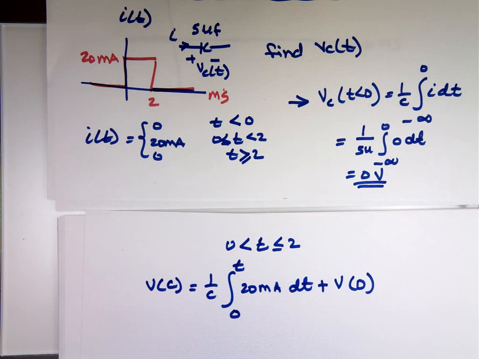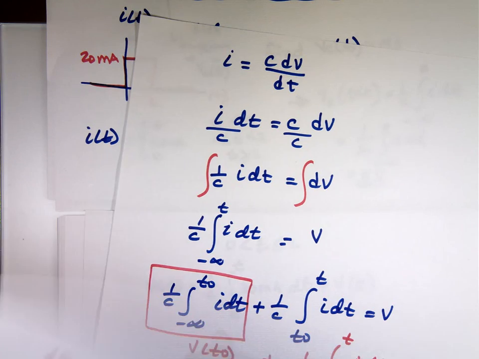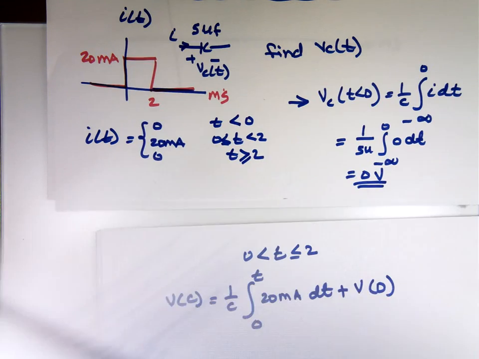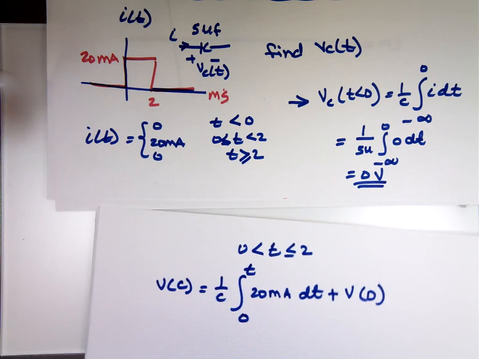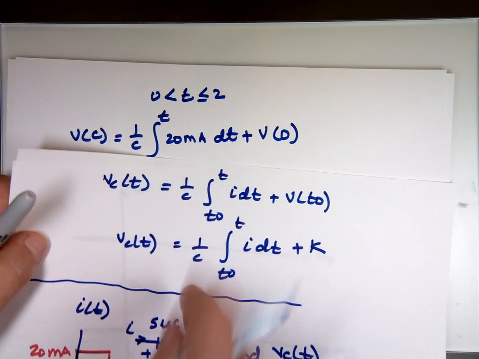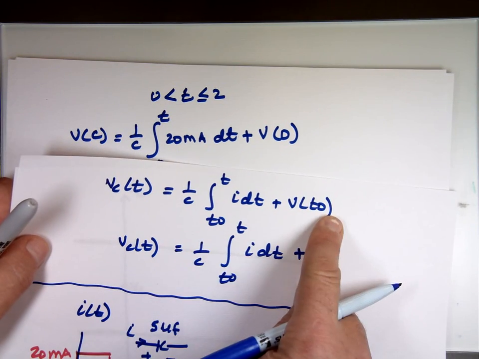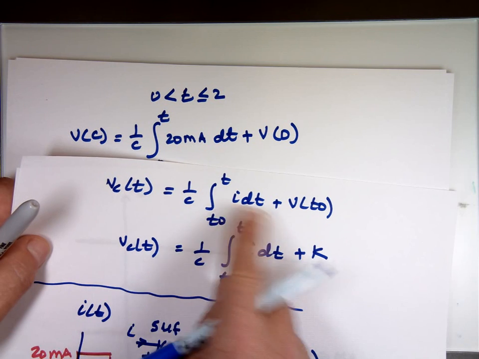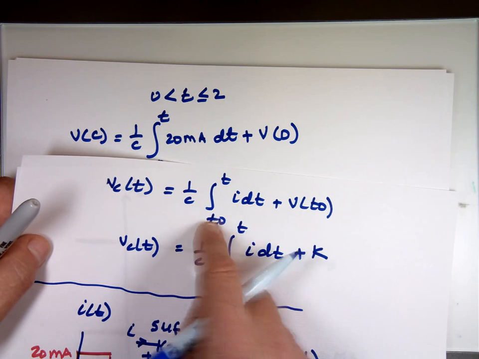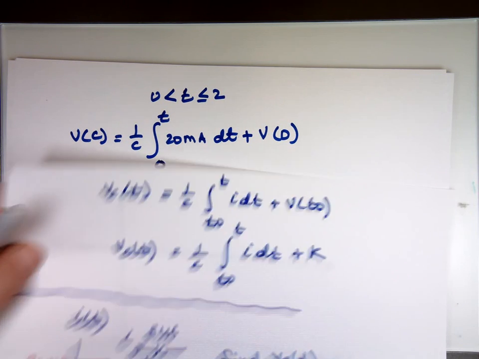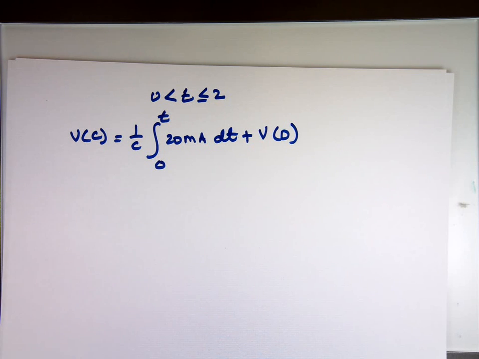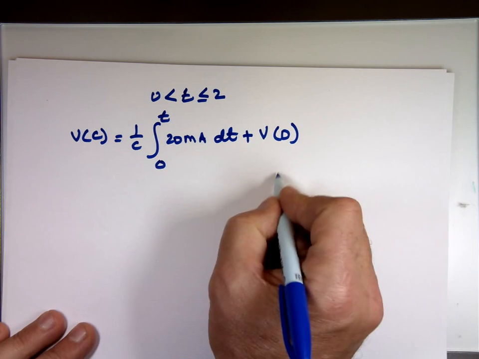Remember the equation? The integral, where is it? Right here, at the top. From t0 to t plus the voltage at t0. From 0 to t plus the voltage at 0. These have to match. Well, my voltage at 0 for this example was what? What was the voltage at 0? 0.